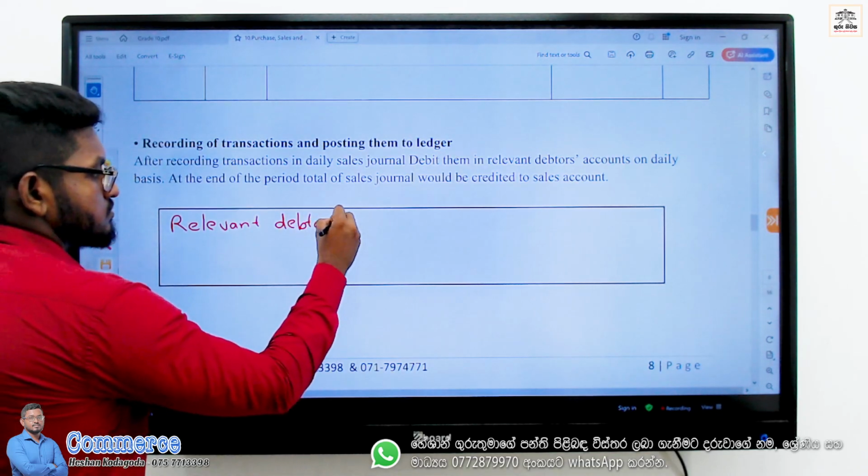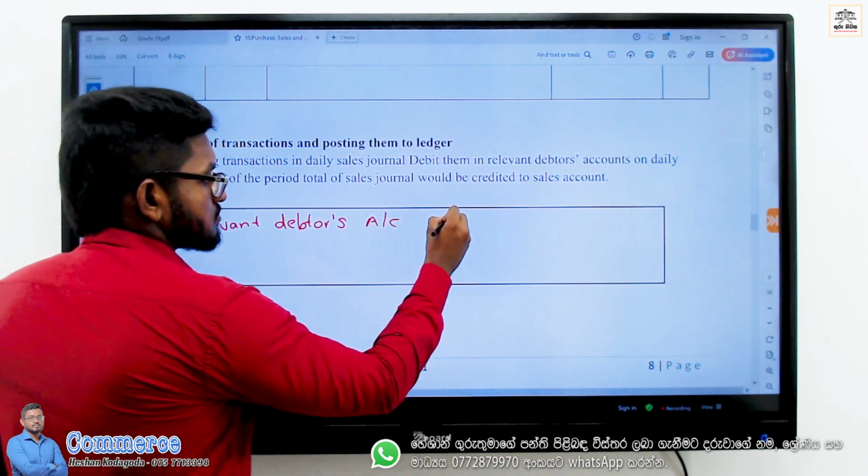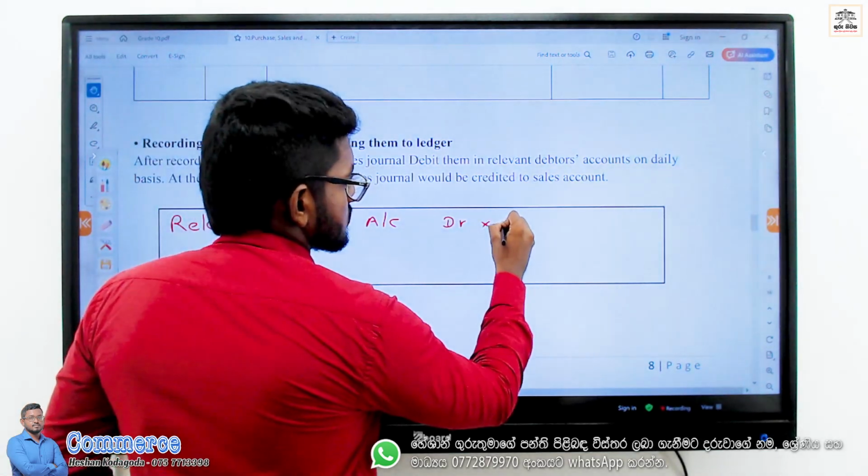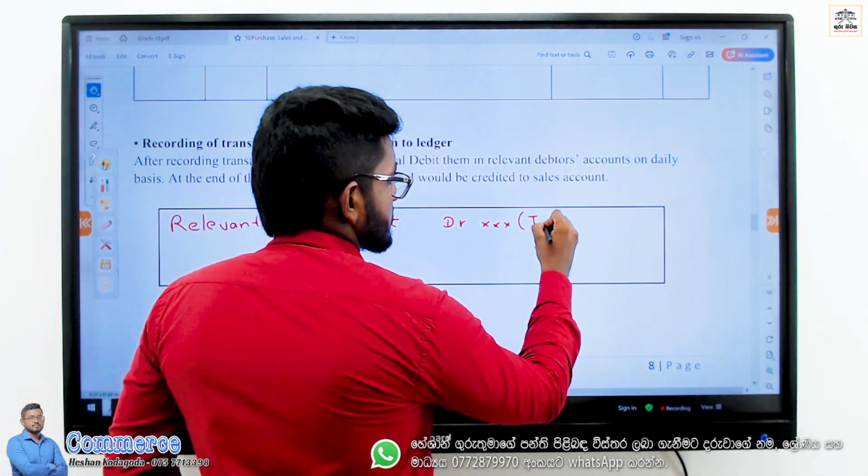Debtors account, debit, transaction date.